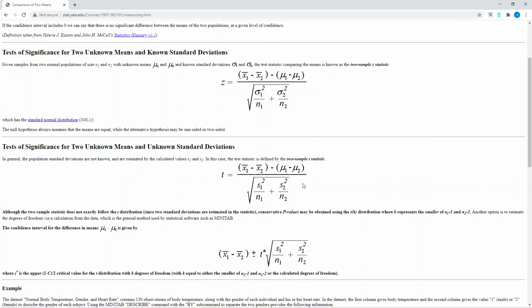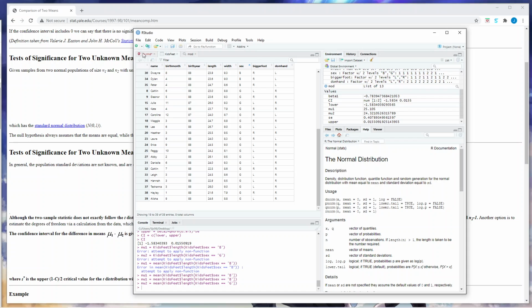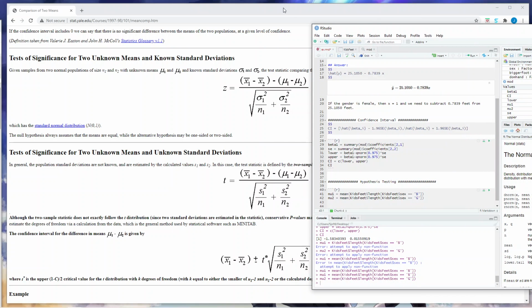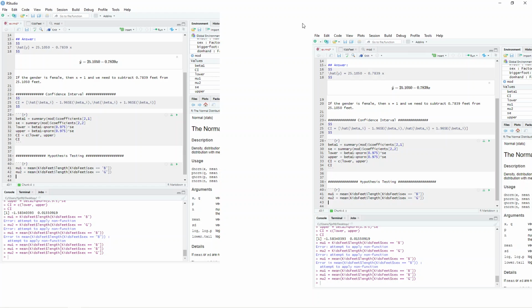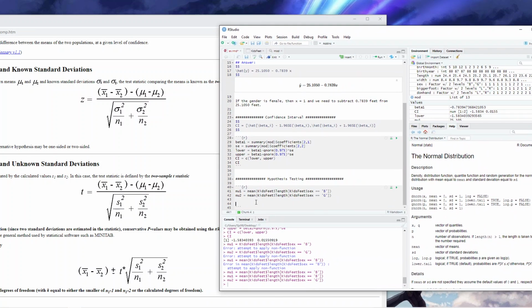So we can use this formula here. I'm not going to code the formula, you can just look at it, and then we can put it in our R code. So what I'm going to do here, I can call it t equal to the top, you use your estimate value minus 2 and divided by the square root of s1 squared over n.